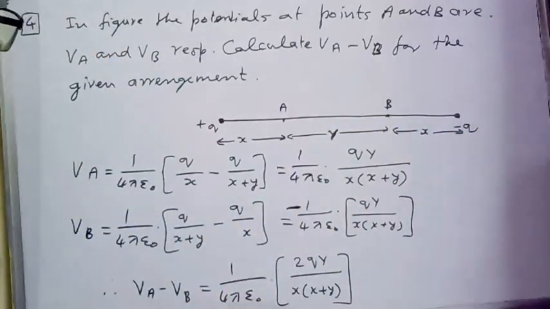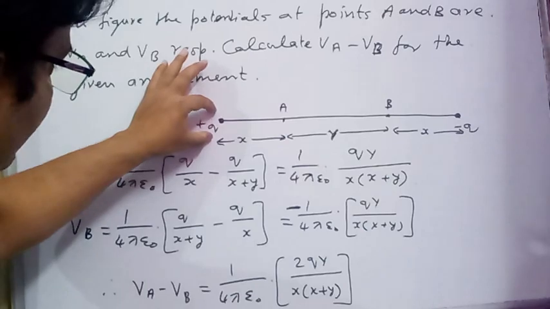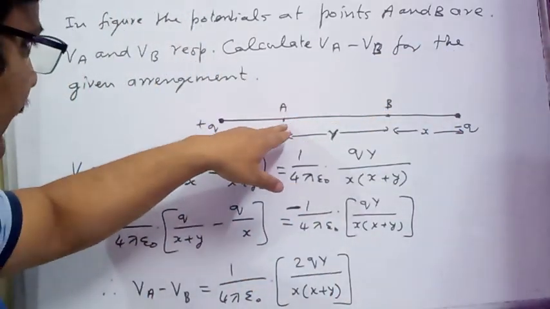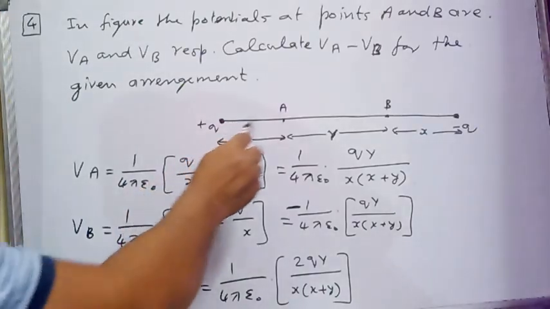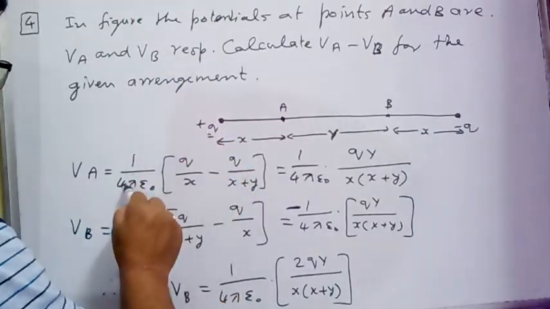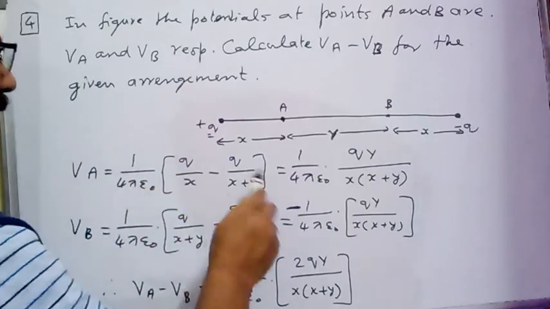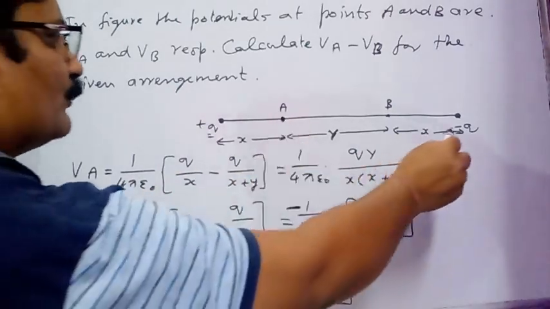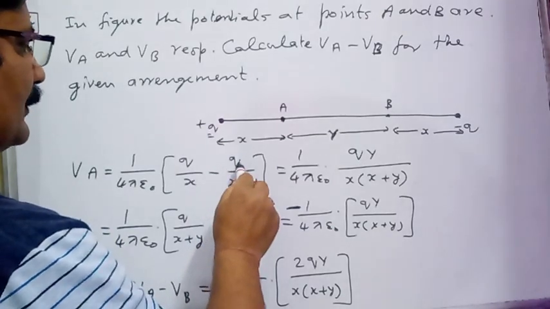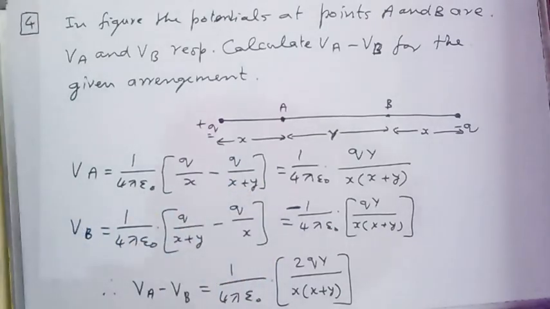So first of all, in the presence of plus q charge and minus q charge, what is the value of potential at A? So potential at A is going to be sum of the potential due to positive charge, that is 1 by 4 pi epsilon naught q by x, and potential due to negative q charge, that is minus 1 by 4 pi epsilon naught q by x plus y.